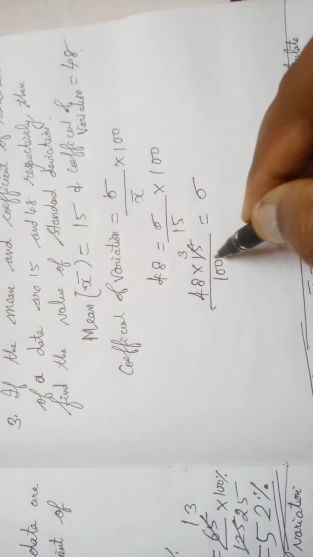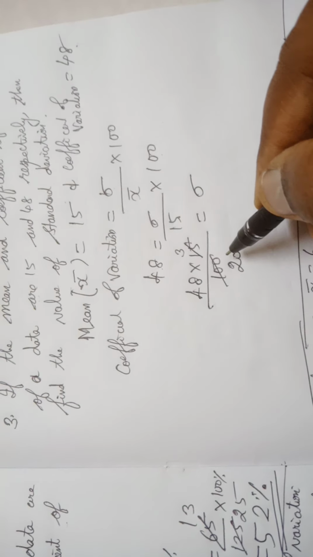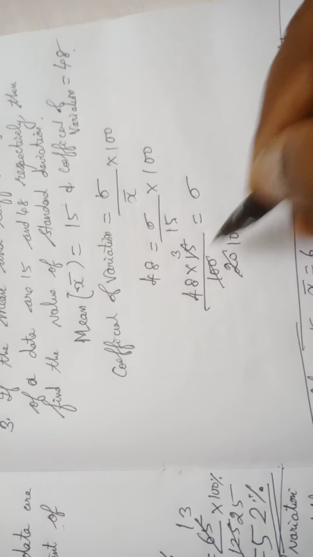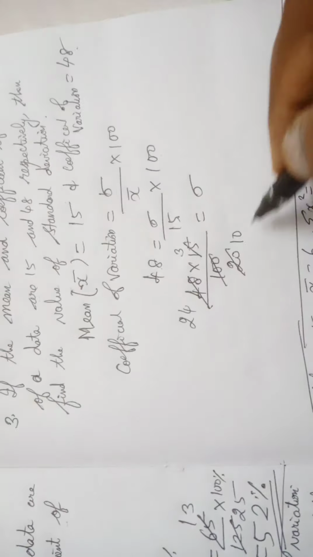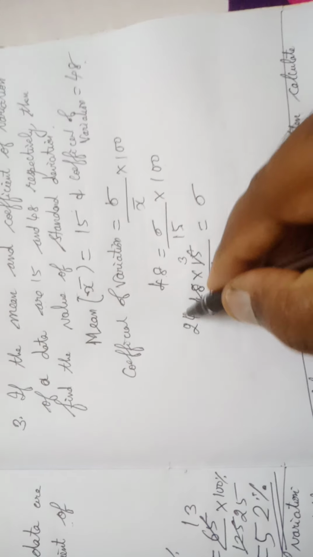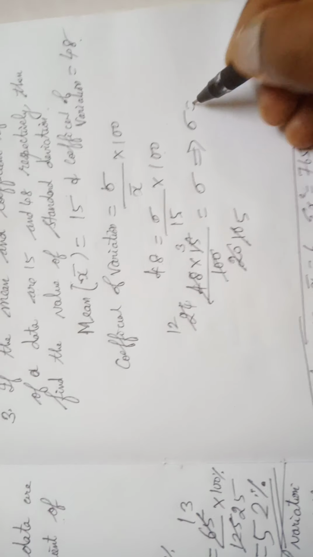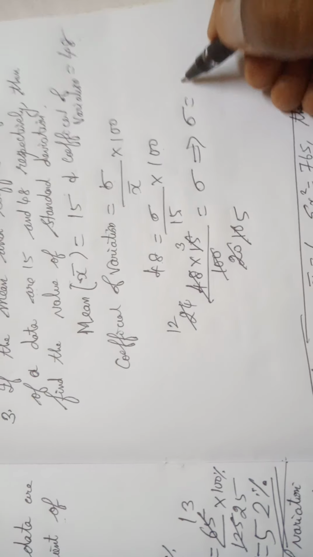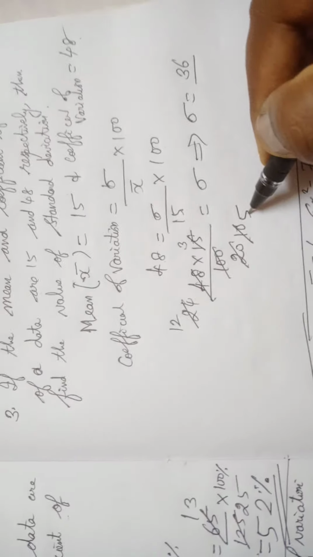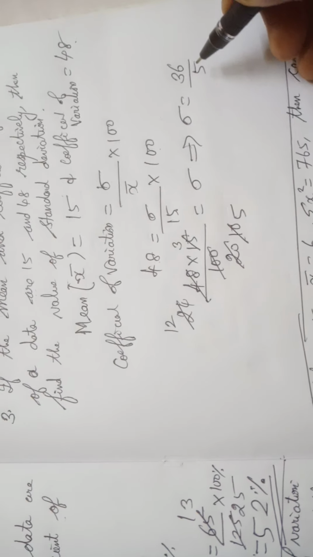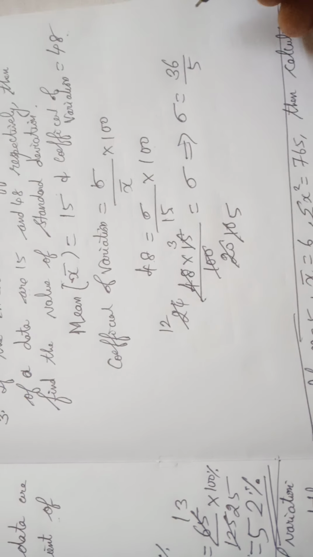3 5s are 15, 20 5s are 100, 10 2s are 20, 24 2s are 48, 5 2s are 10, 12 2s are 24. So standard deviation equal to 12 into 3, 36 by 5. So 36 by 5 is how much?